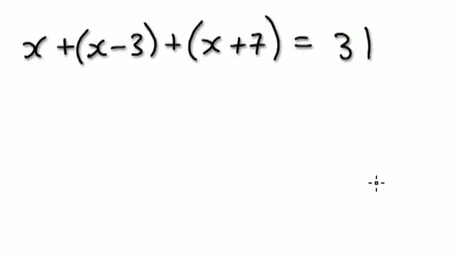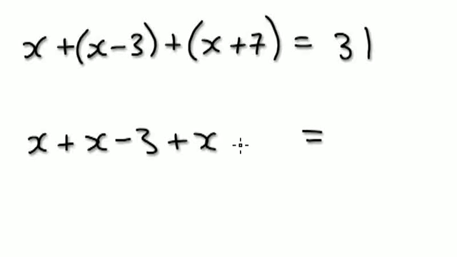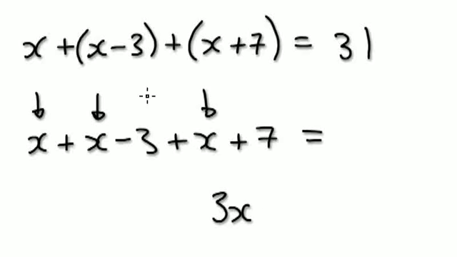Now just tidy this up. Let's just remove the brackets: x plus x minus 3 plus x plus 7. Now you've got your elephant, elephant, elephant. Merge all the elephants together, so that's 3x, and then you've got a giraffe. Remember, the minus belongs to whatever's after it. So you can merge the giraffes together.